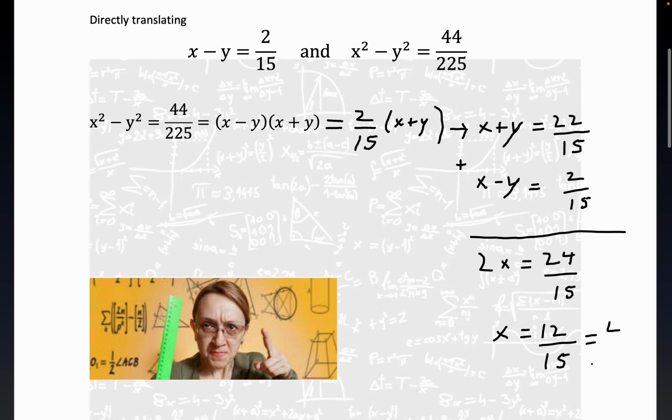So we have x is equal to 4 over 5. All right, so that's one of the solutions, x equals 4 over 5.